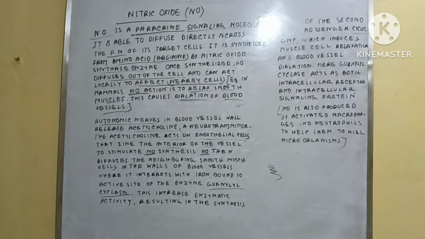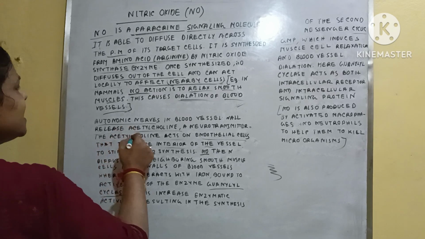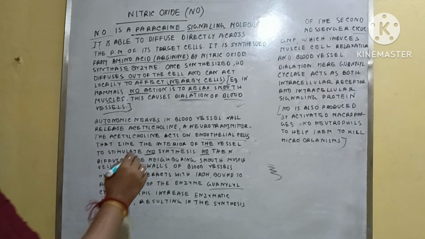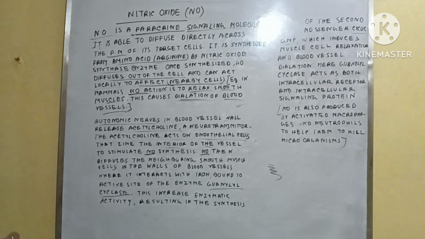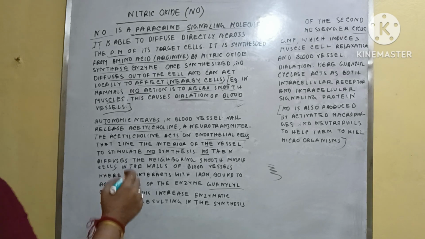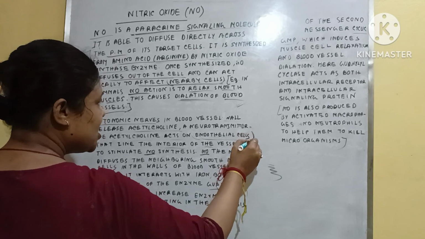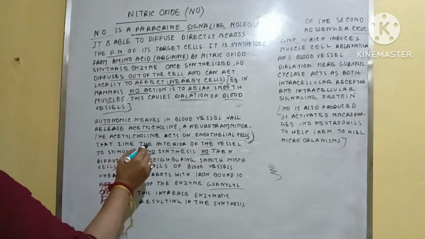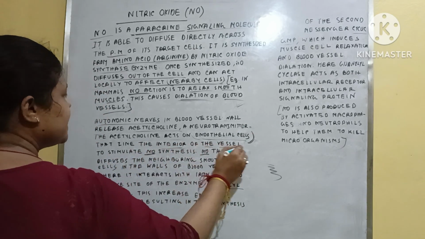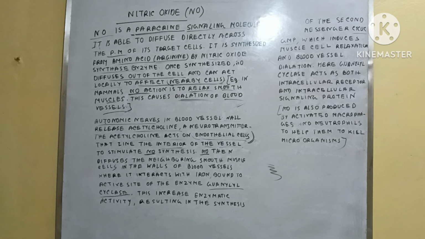So what it is saying is that first acetylcholine is secreted from the blood vessel wall, and this acts on the endothelial cells, which line the interior portion of the blood vessels, obviously.